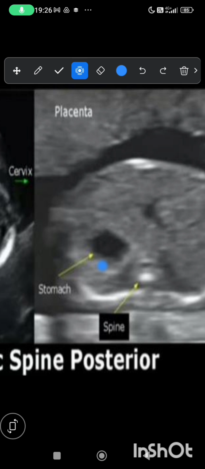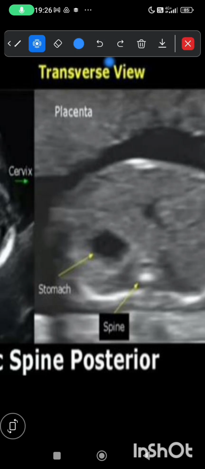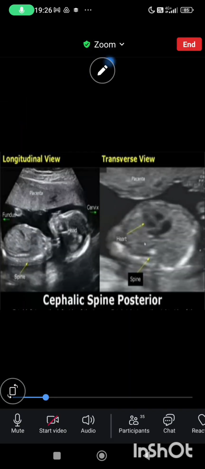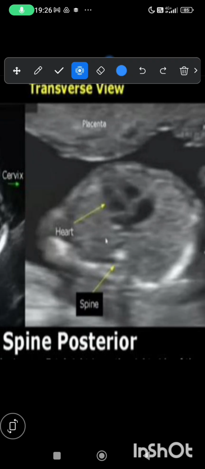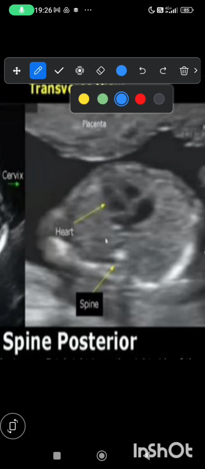Now in a cephalic fetus, from the spine to the stomach we see a clockwise relationship, so the heart should also follow a similar pattern. Here we can see the spine and here the axis of the heart. Now we are going to match them.